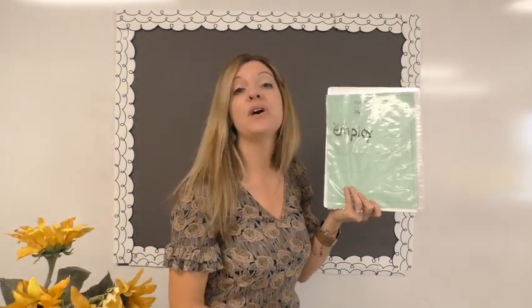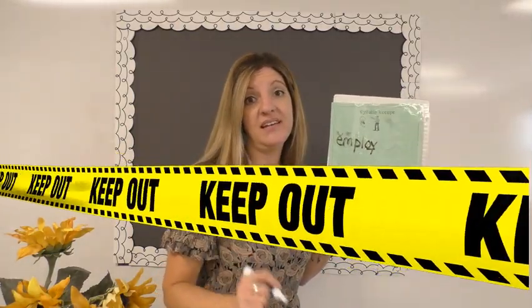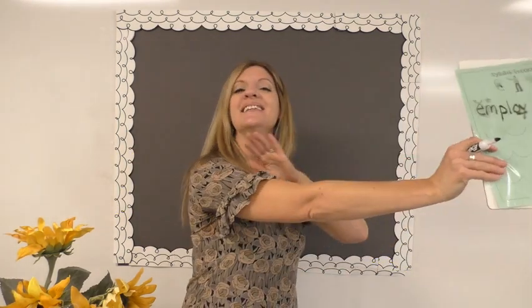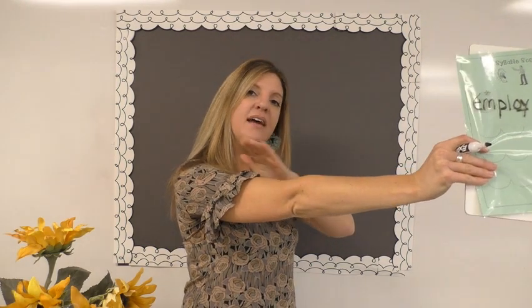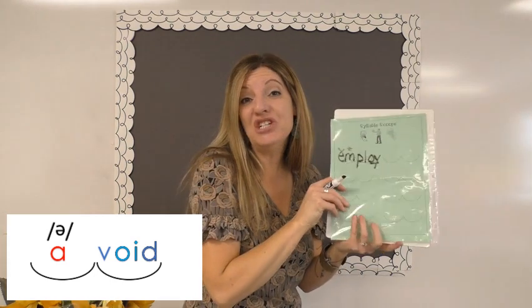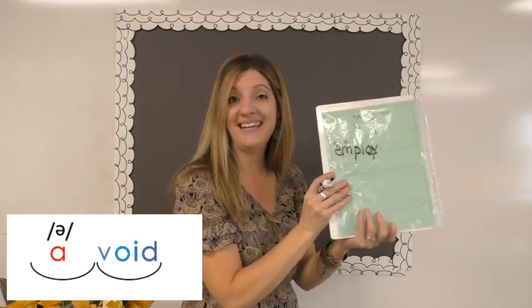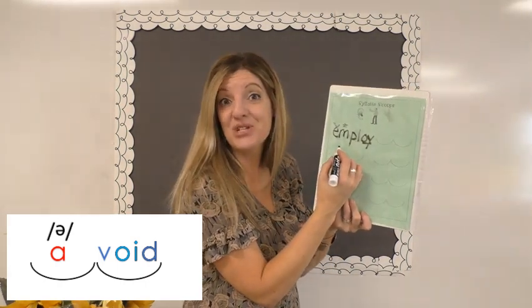How about the word avoid? I hope that you avoid getting into trouble. Avoid. This one's a little tricky. Let's look at the syllables. Void. When we hear the sound, it's that lazy schwa sound. So whenever you hear it at the beginning, it oftentimes is the schwa sound.